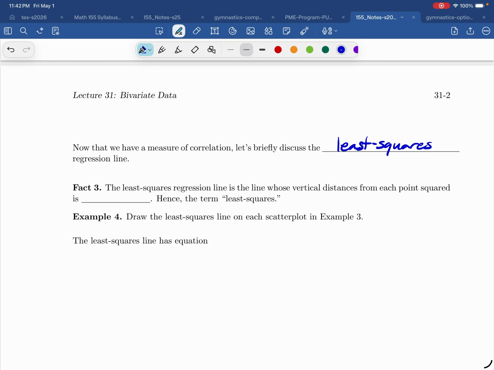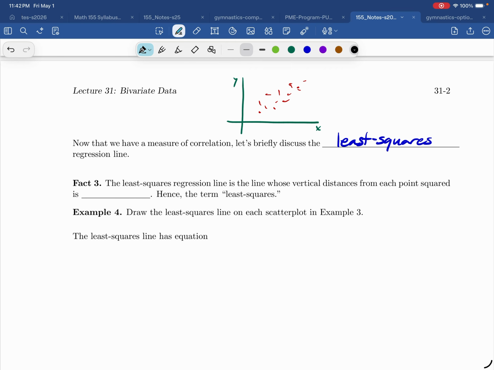If we have a set of axes and we have a bunch of points, maybe it's something like this, we want to construct a line that best represents the pattern that these points display with each other and maybe could even predict future y values given a certain x value. So visually speaking, we know the line is going to look something like this, right?